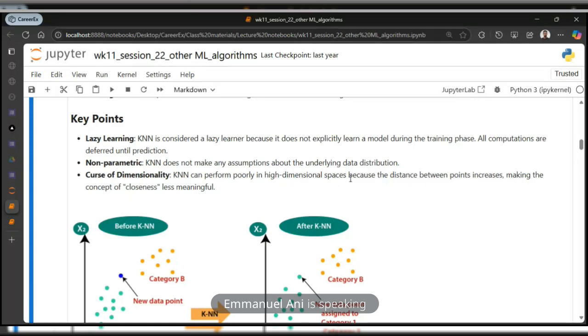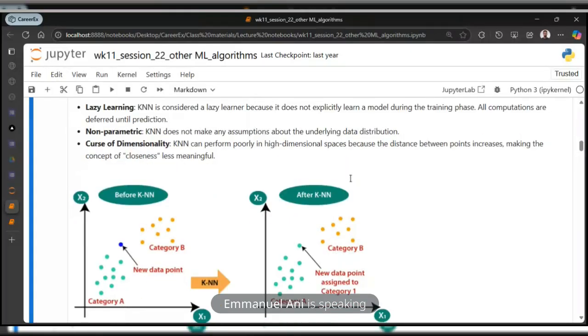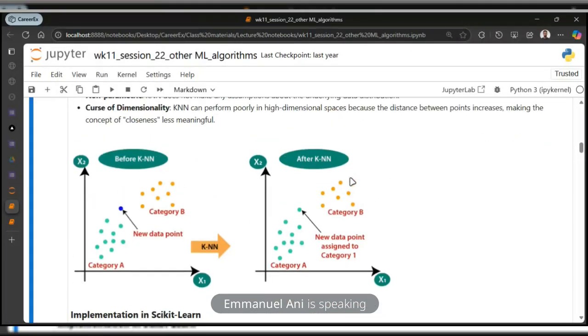Calculating the distance in a high dimensional data set becomes very tricky, and KNN begins to lose its performance, and you'll not be able to build a good model using KNN for high dimensional data. If you're working on small data sets, KNN is good. It's going to give you a decent performance. It's not the best model out there, but it's a model that you need to know as well.